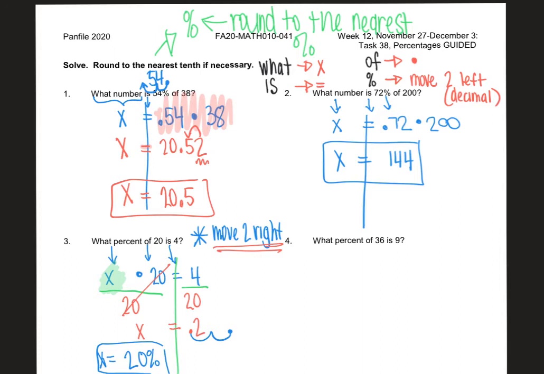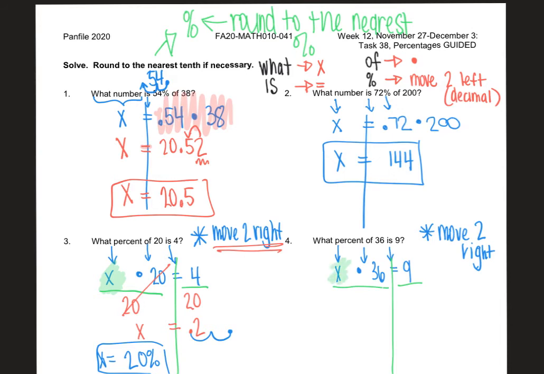All right, looking at number 4, same wording. So what percent? Because it's what percent, we're going to have to move 2 to the right at the end. Of 36 is 9. So what percent, x, of times 36 is equals 9. Throw your line. Decide what you're dividing by.